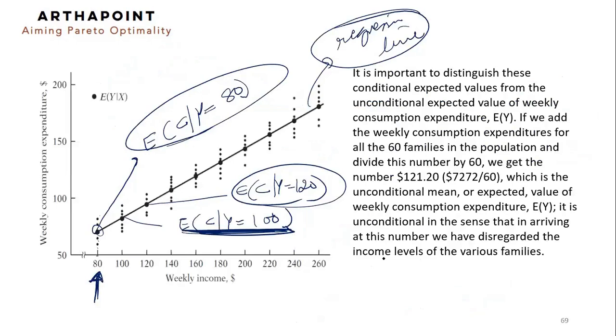So I'll take you back to my diagram. Just have a look at it. 2 values are above this, 2 values are below this. 3 values are above this, 3 values are below this. 2 values are above this, 2 values are below this. So more or less, there is a symmetry.